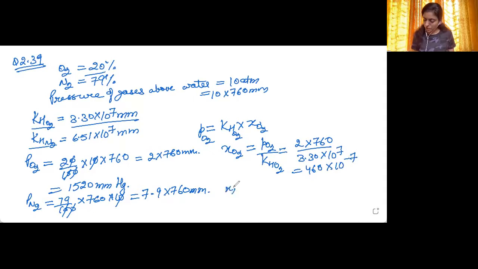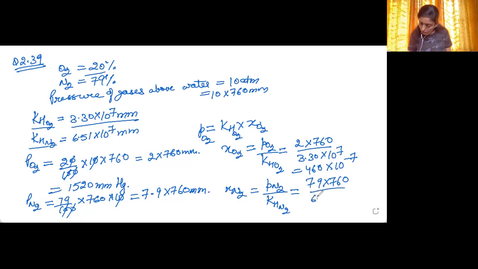Okay, so XN2 will be equal to PN2 upon KH for N2. So PN2 is 7.9 into 760 upon KH is 6.51 into 10 raised to the power 7.